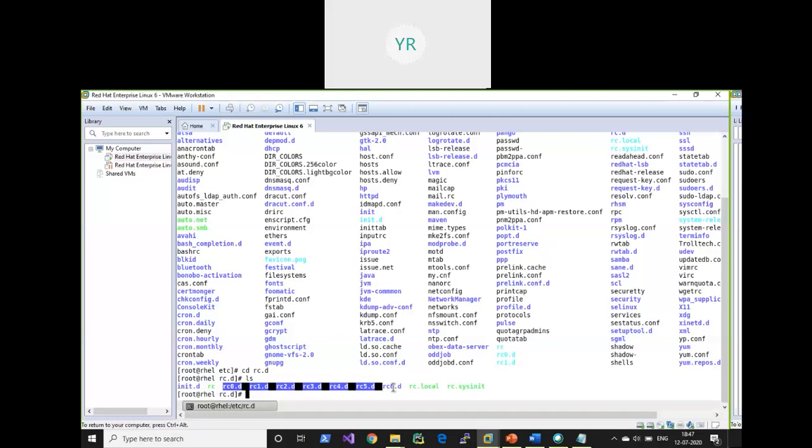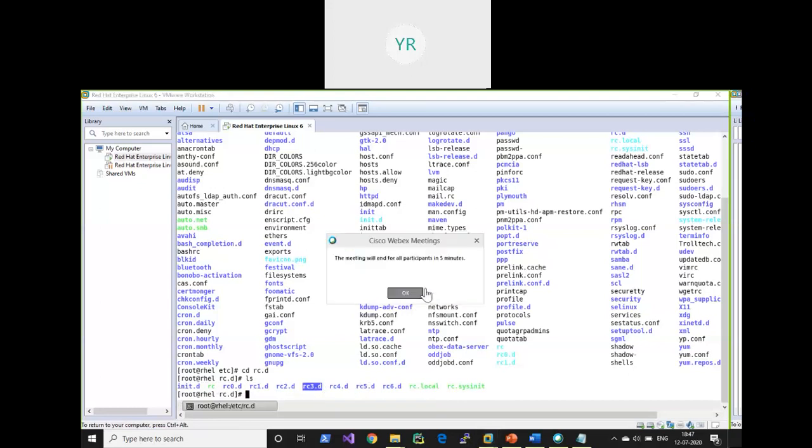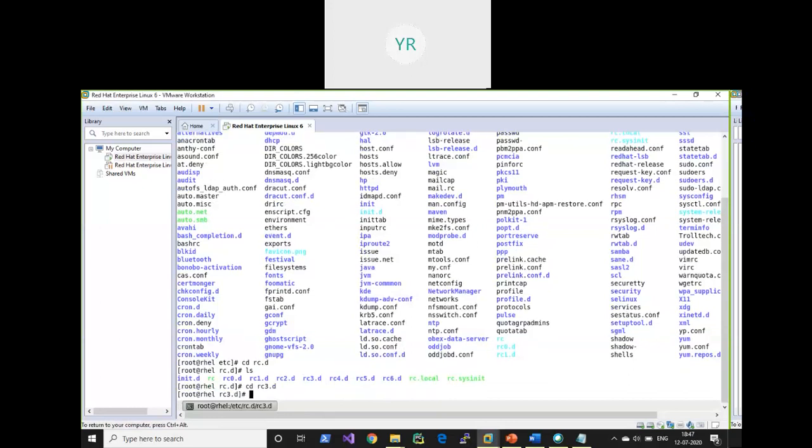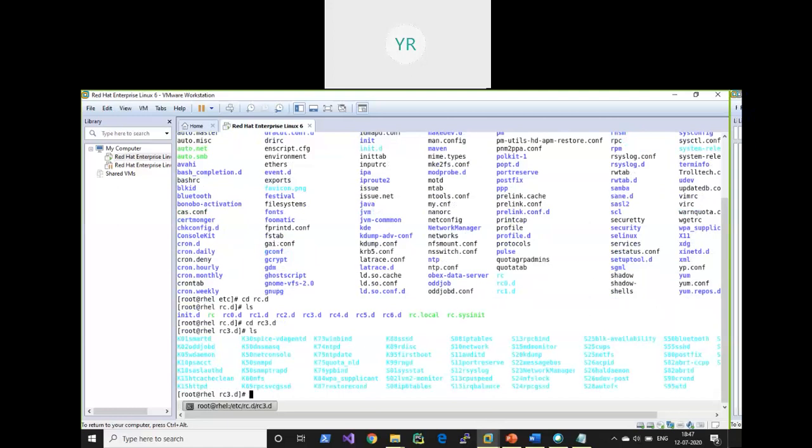These are the directories which consist of programs for each run level. If you go to run level 3, those are executed by this one. If you go to run level 5, those programs are executed by this one. Again go and check it: cd rc3.d.